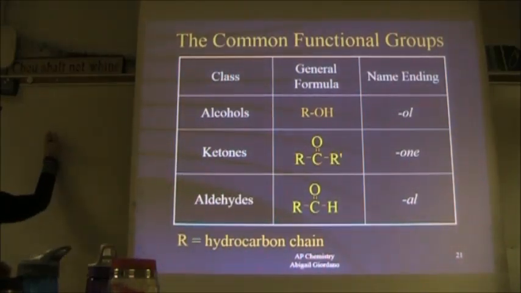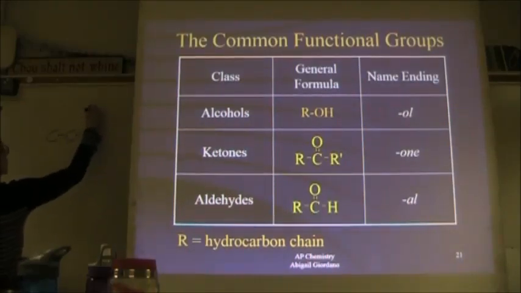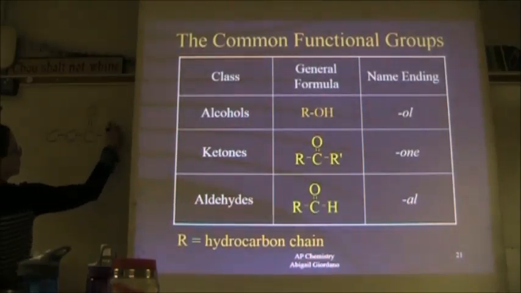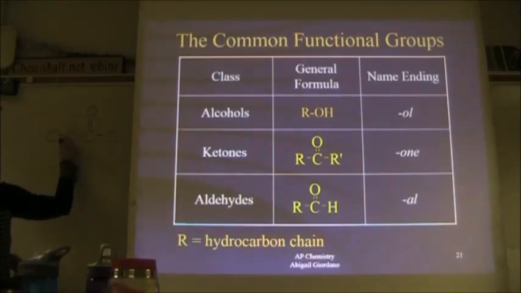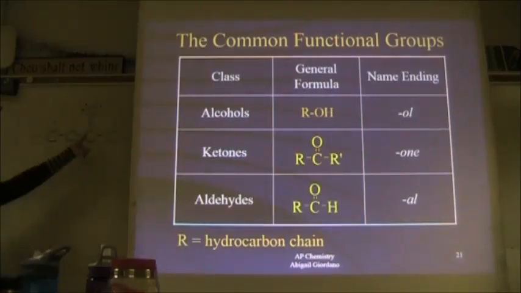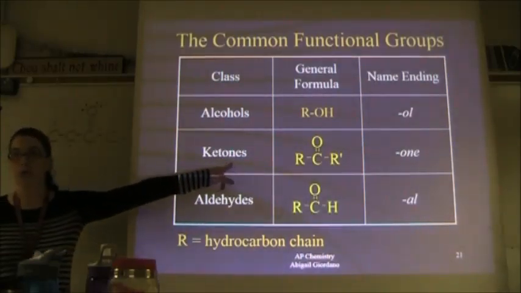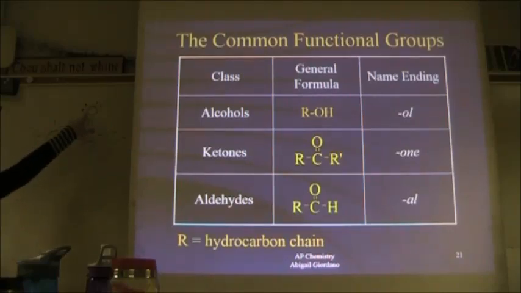So let's say something like this. Okay, it's not at the end, because if it's at the end, that's something else. A ketone has a C double bonded to O somewhere in the middle of your chain.